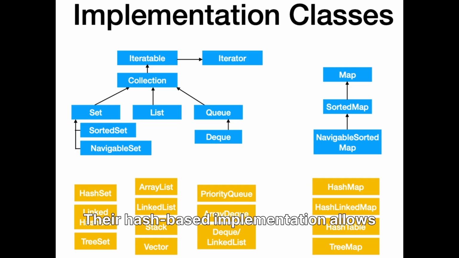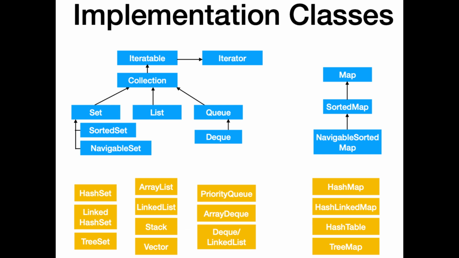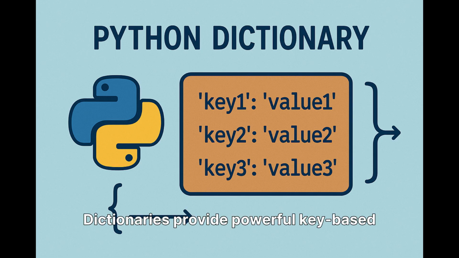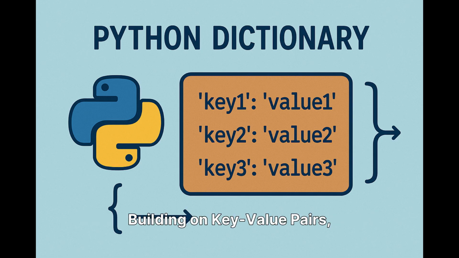Their hash-based implementation allows incredibly rapid existence checks, making them ideal for quickly determining if an item is already part of a set, ensuring data integrity. Dictionaries provide powerful key-based data storage and retrieval. Building on key-value pairs, they offer direct access via unique keys. Flexible iteration options allow processing full pairs, just keys, or just values, adapting to various programming needs.